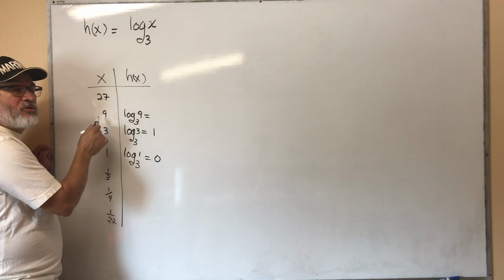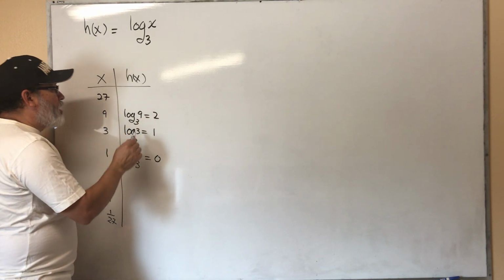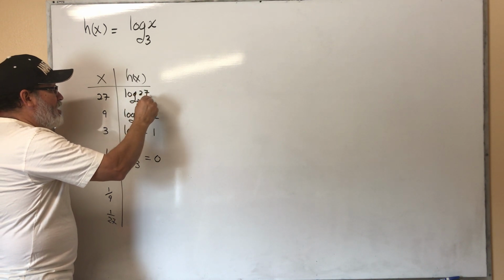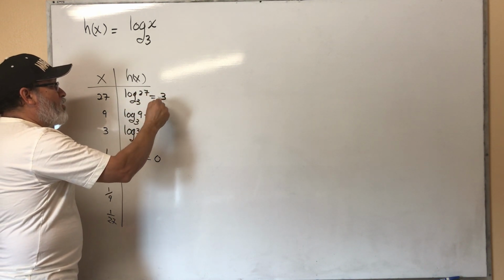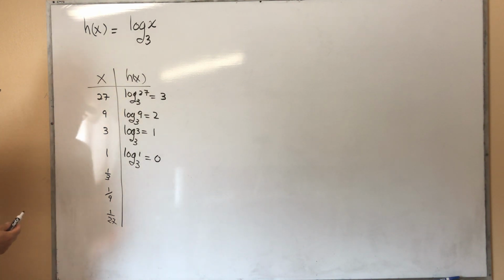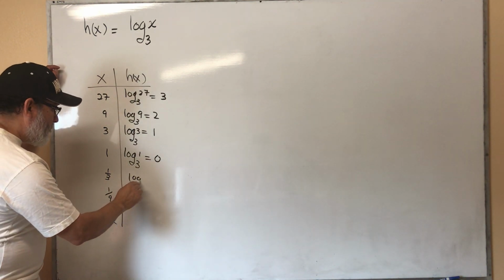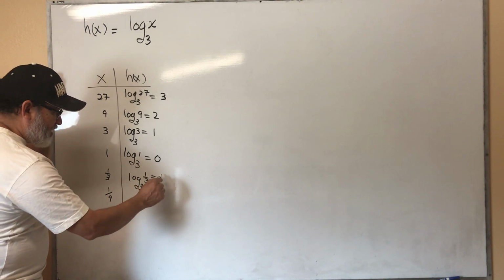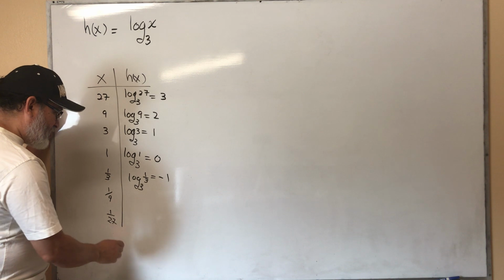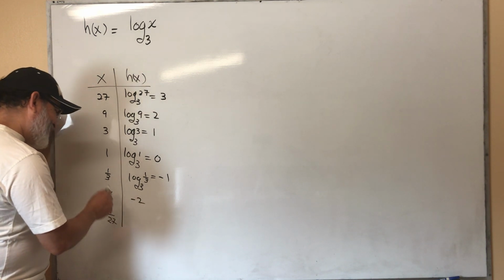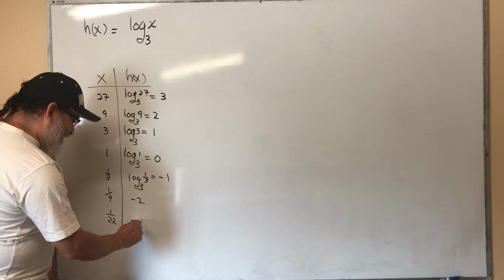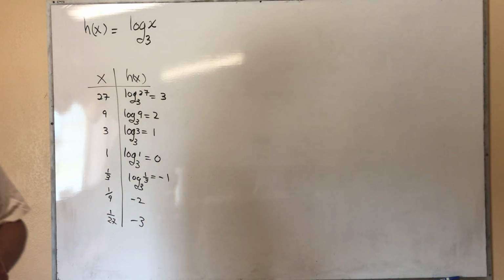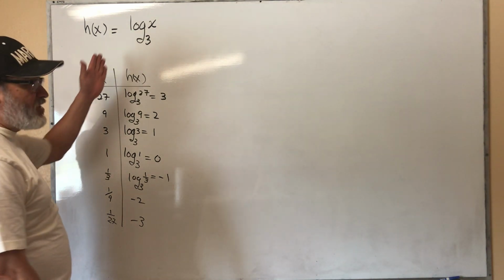These are smart values. 3 to the second power. Log base 3 of 27. 3 to the third power is 27. Log base 3 of 1/3. 3 to the -1 is 1/3. 3 to the -2 is 1/9. 3 to the -3 is 1/27. These are smart values. That's how we can graph this.